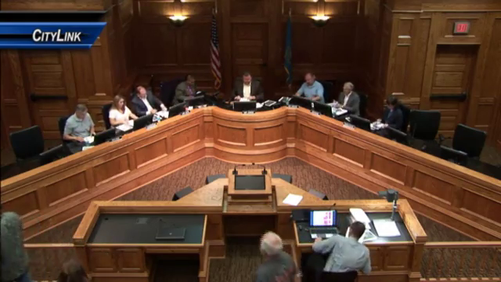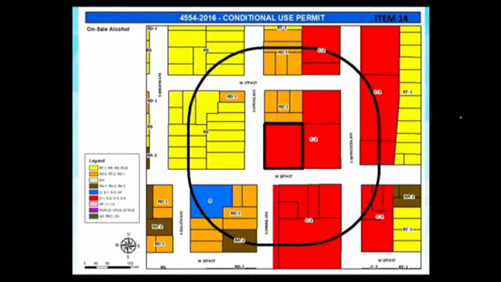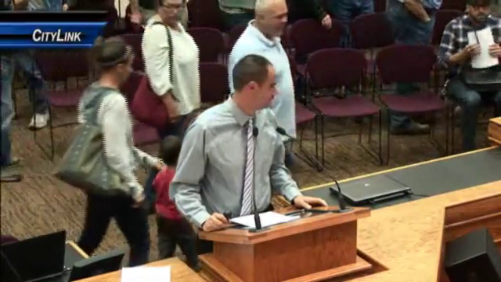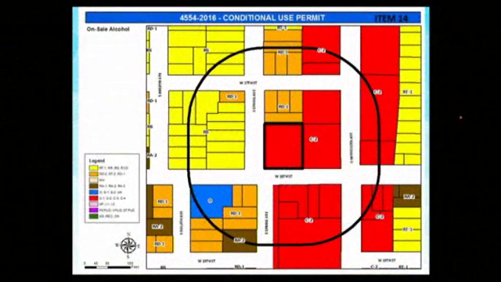Item 14, 4554, 2016, conditional use for on sale within 500 feet of a sensitive land use located at 410 West 18th Street. Jason Bieber, representing Planning and Building Services.